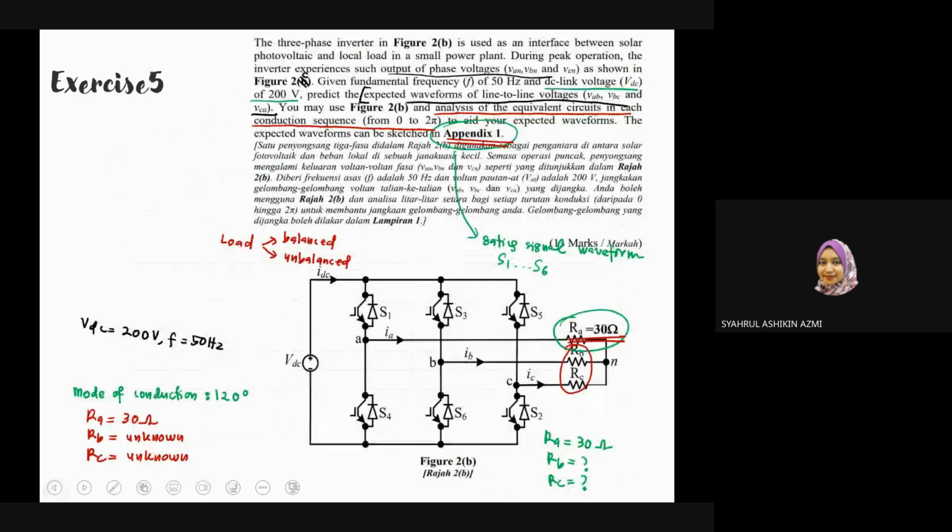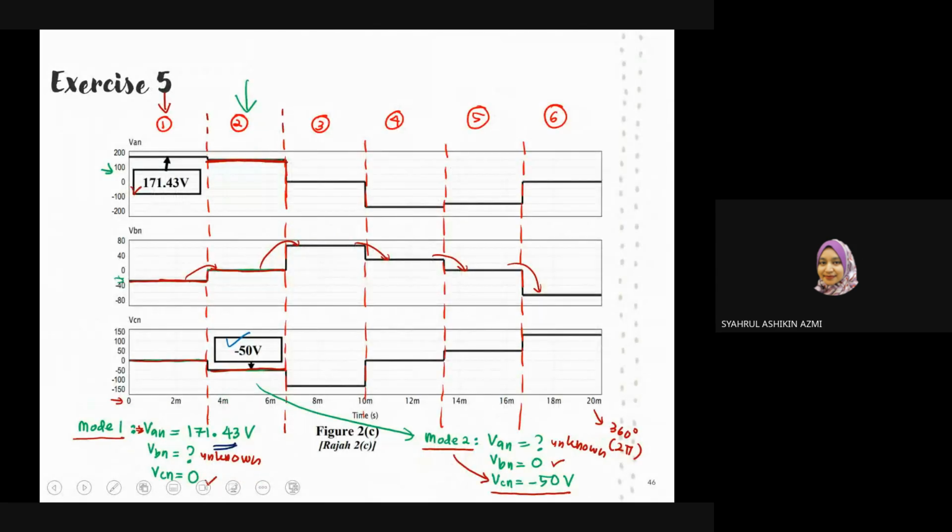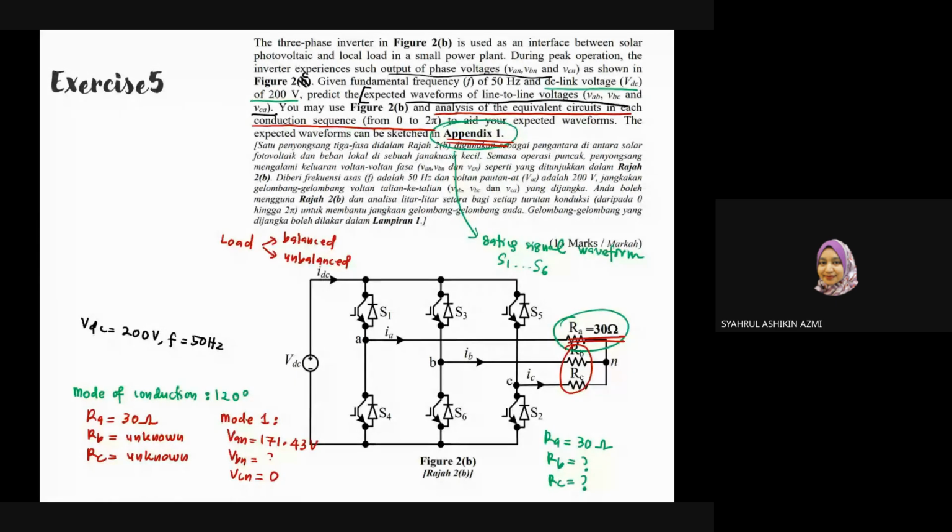So in mode number 1, VAN given is 171.43 volt, and VCN is 0. VBN is not sure, just leave it there. Don't worry. Mode number 2, VAN, VBN.